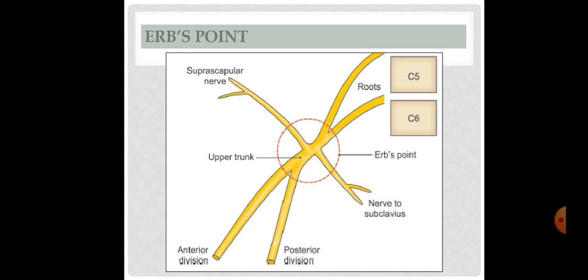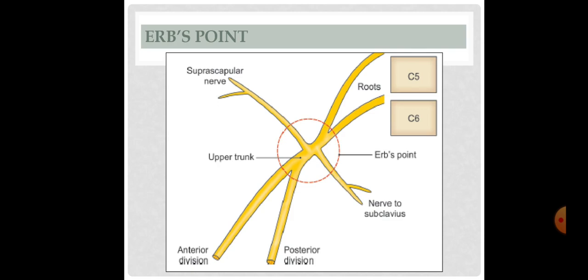Okay, then the important topic is Erb's paralysis. In the brachial plexus there is a point named Erb's point. Here 6 nerves meet at the point. So one is the root from C5, second is C6, and this forms the upper trunk.